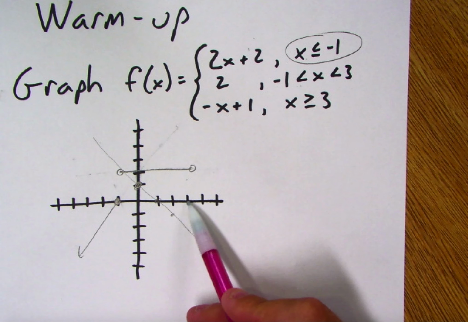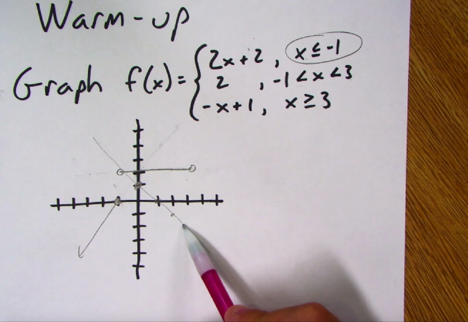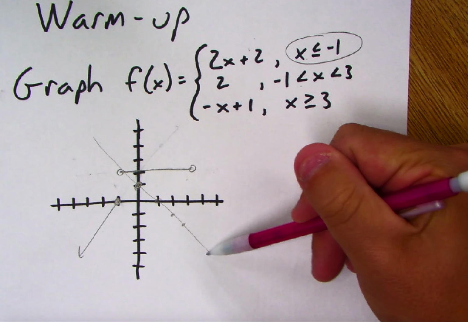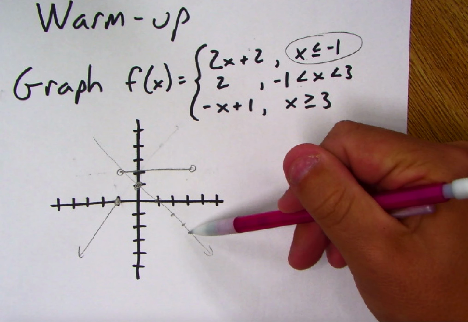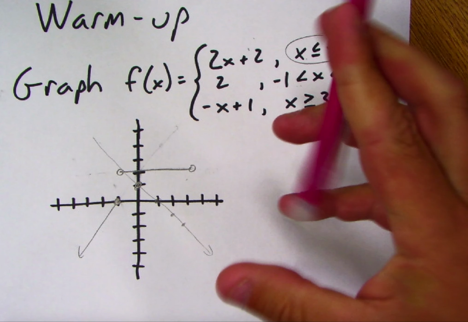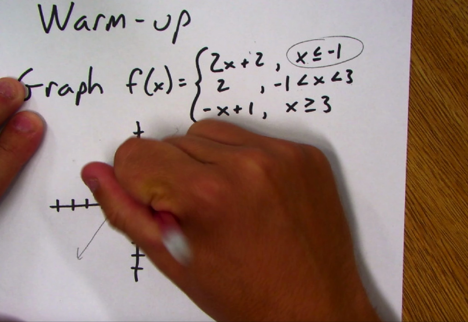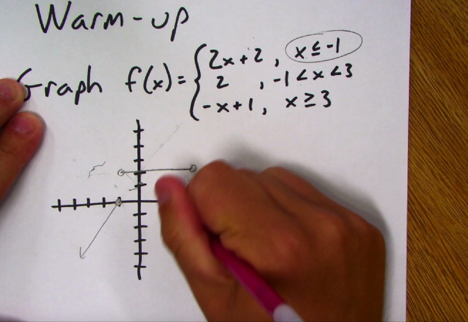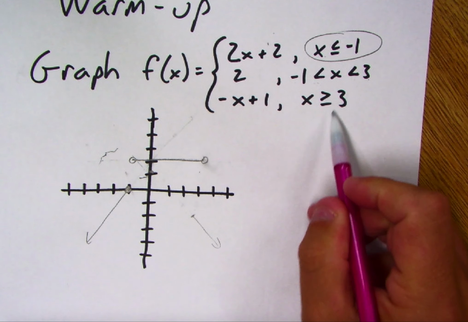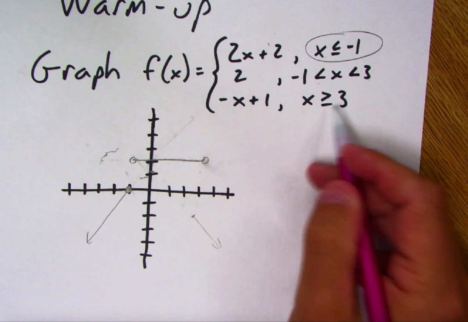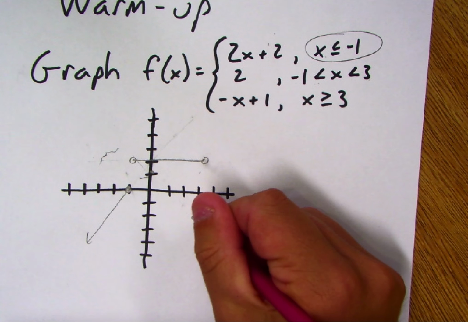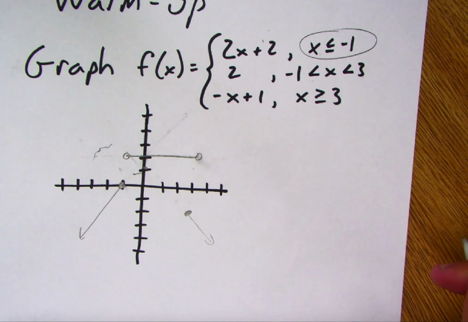So when x is 3 here, I want it to start here, which means I only want this side down here. I want it for x values down here, so erase everything to the left of this. All this stuff goes away. So notice it starts right when x is 3, right here. It's a closed circle because it's equal to, and continues to the right. And there's my piecewise function.